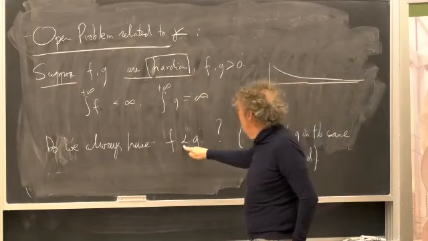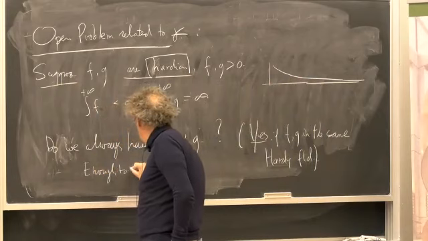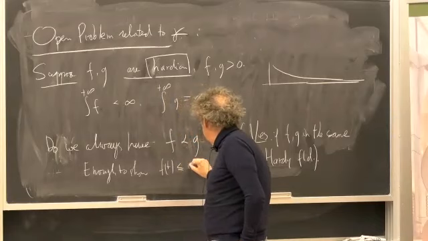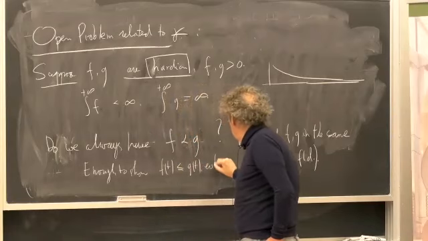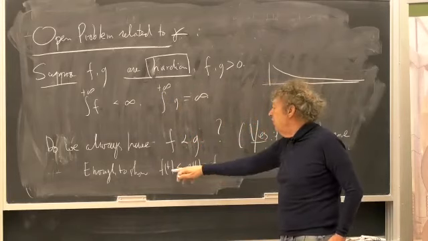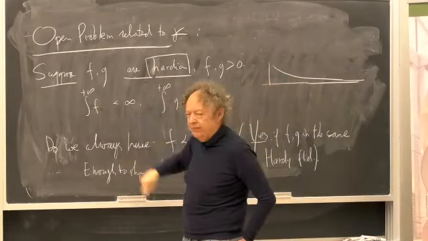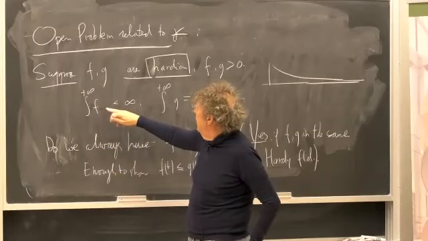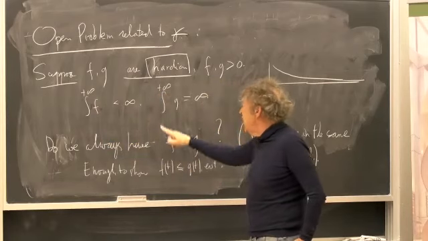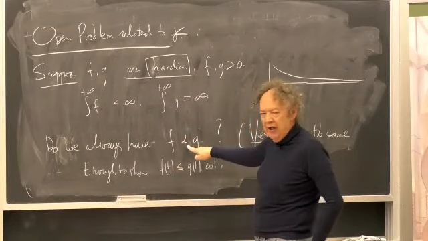It's actually enough to show that f(t) is less than or equal to g(t) eventually, if you take representatives of these germs, because then you can always replace f by n times f. The integral of f is finite if and only if the integral of n times f is finite. So if you can prove this for any such f and g, then you can replace f by nf.